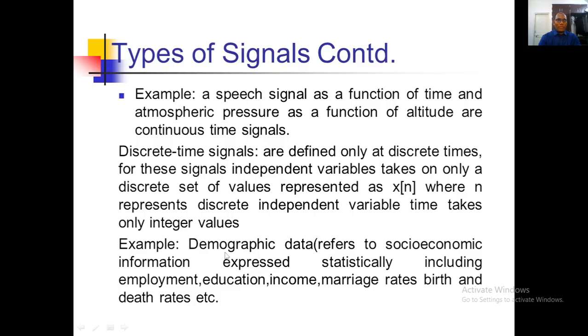For example, demographic data refers to socio-economic information expressed statistically, including employment, education, income, marriage rates, birth and death rates, etc. These are examples of discrete time signals.